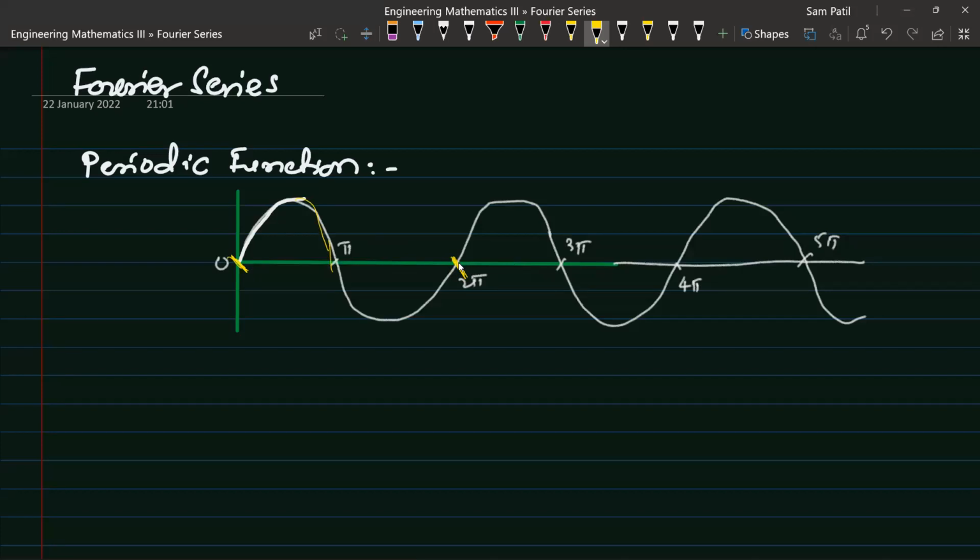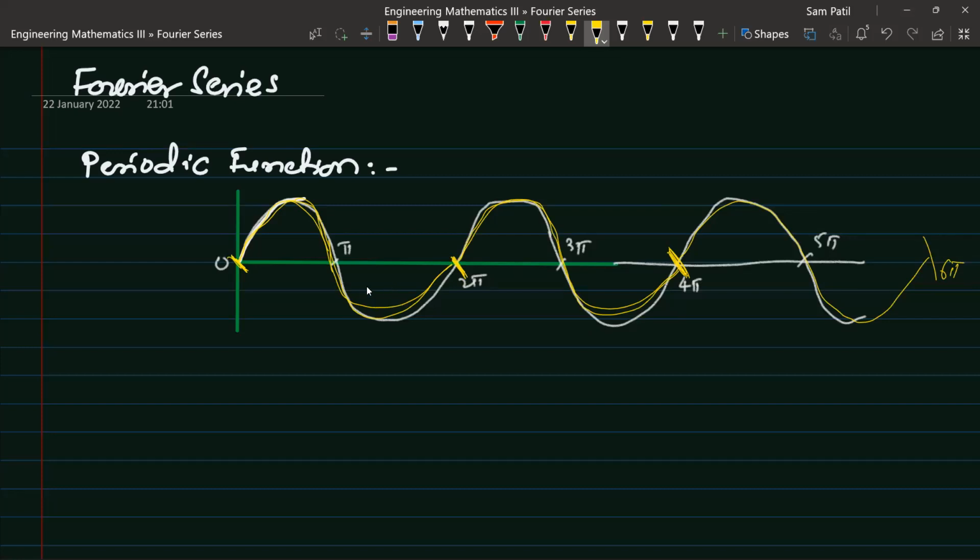Then if it starts from here, again it ends here. The same part of the curve repeats after 2 pi to 4 pi. Whatever portion of the curve is in the interval 0 to 2 pi, the same part is there in 2 pi to 4 pi, and the same part is present in 4 pi to 6 pi.